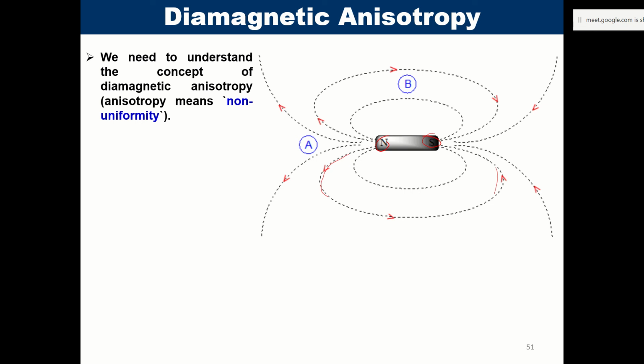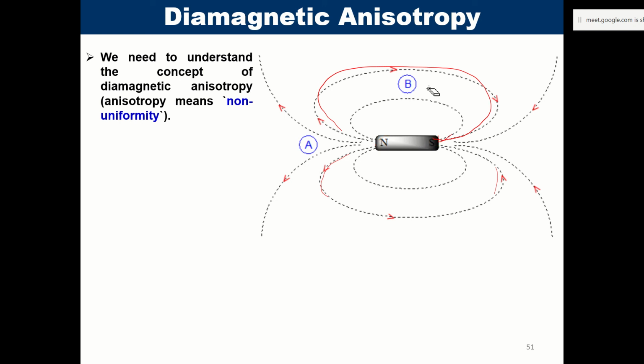It is like a snake biting its own tail. This is very different from what we draw for an electric field. A magnetic field is always drawn like a snake biting its own tail, right? So from here it comes out and here it bites its own tail. That's the thing that you see.